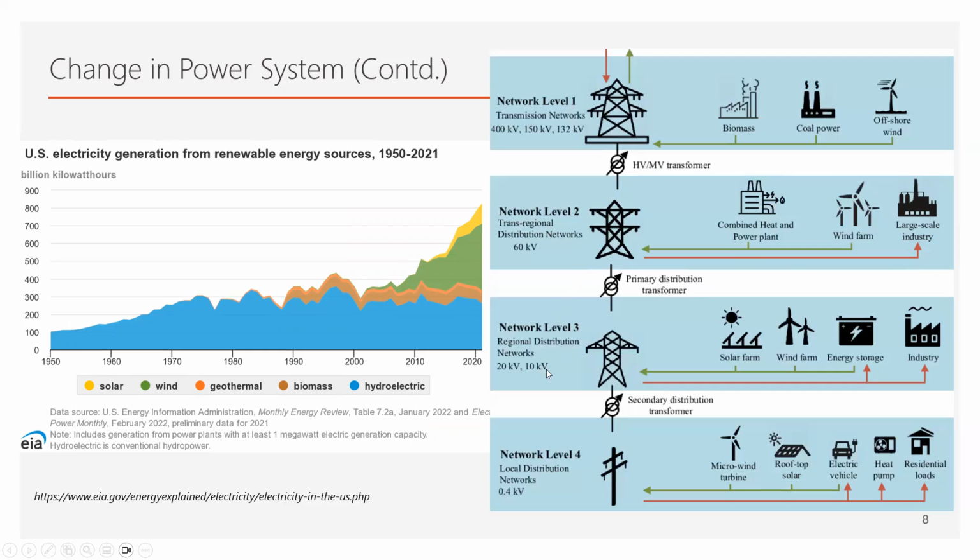In network level 3, the voltage is 20 kilovolt to 10 kilovolt. In terms of generation, we have solar farms, wind farms, and energy storage. And as load, we also have energy storage, because energy storage needs to be charged at certain points.